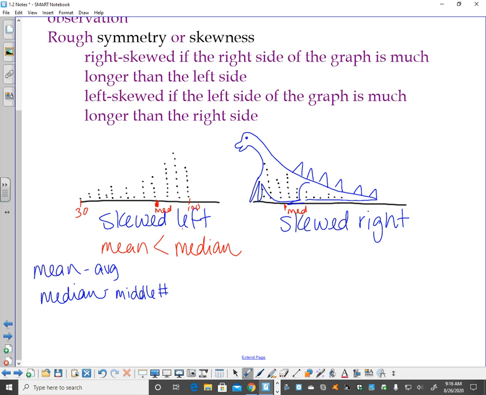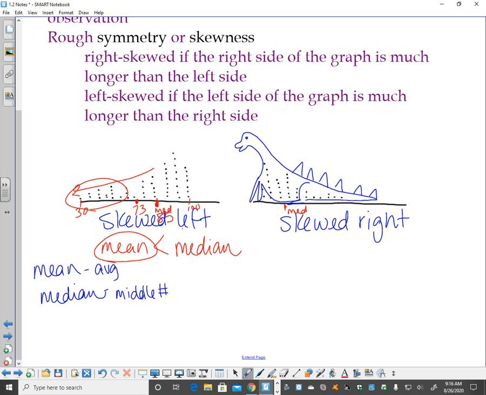The median is just the midpoint of all the data. But if you're skewed left, the mean is going to be smaller than the median. So like your median is an 85, but your average is probably down here at, I don't know, a 73, because all these bad grades pull your average down.